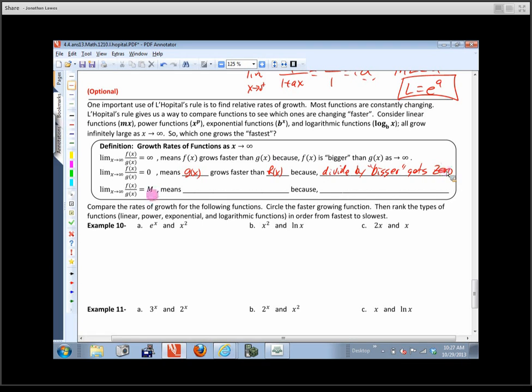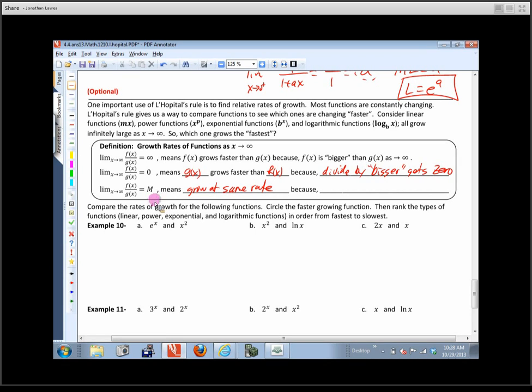Well, what happens if I end up with a finite number like m? What does that mean about those two functions? Okay, so here's what we'd say. They grow at the same rate. Now, you might say, well, what if this number is 7? They didn't grow at the same rate, okay? It's like 7 over 1.